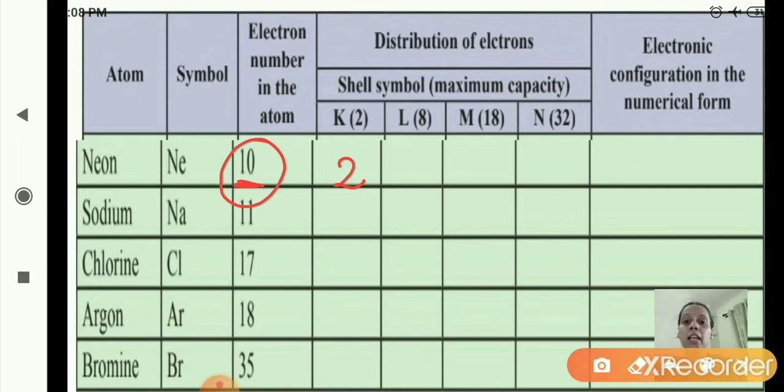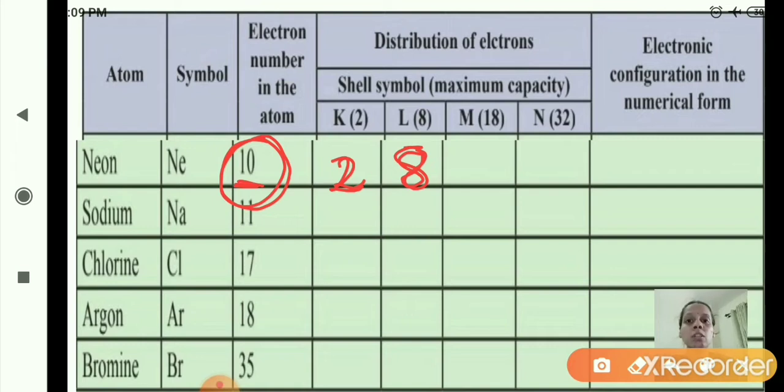Yes, 8 electrons are remaining, that will accommodate in L shell, because the maximum capacity of L shell is 8 electrons. So the remaining 8 electrons we will accommodate in L shell. Now see here, this is 2 and this is 8. 2 plus 8, that is 10 electrons. So the number of electrons in the atom neon is 10. 2 will go in K shell and 8 in L shell.